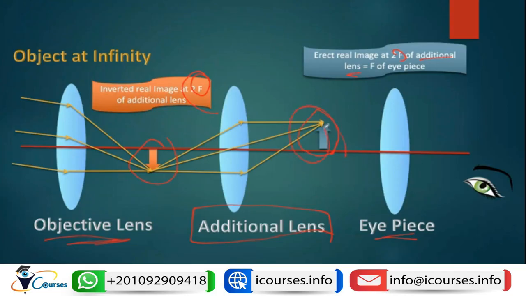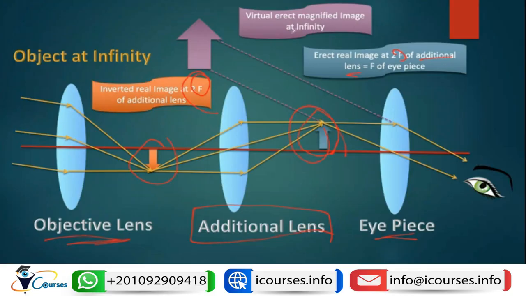And this 2f of the additional lens will be the same as the focal length or the focus of the eyepiece. So that when the eye is checking, the image is now virtual and erect and magnified at infinity. So instead of having a virtual and inverted magnified image, we now have a virtual, erect and magnified image in the case of terrestrial telescopes.